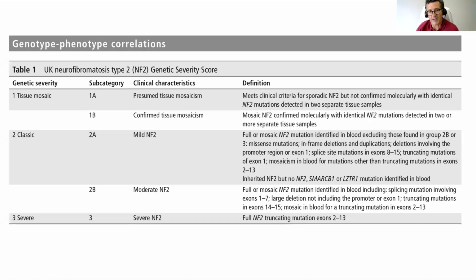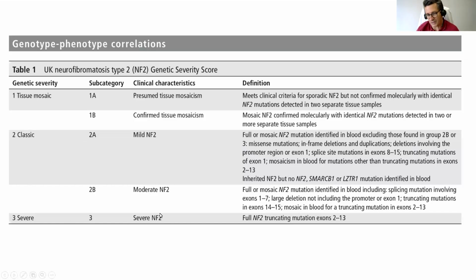Just another reminder about the correlation between the genotype and the phenotype, and it's very important to determine the natural history of the disease. And you have this classification. I like this classification based on the genotype. So you have tissue mosaic, you have classic mutation and severe mutation.